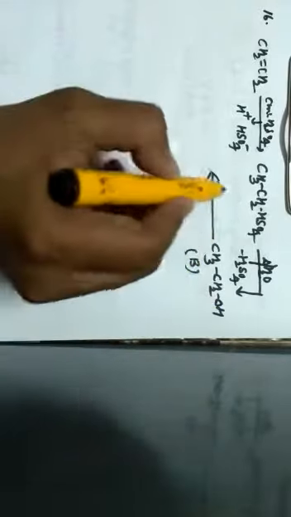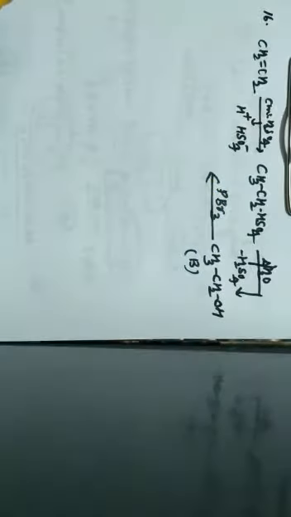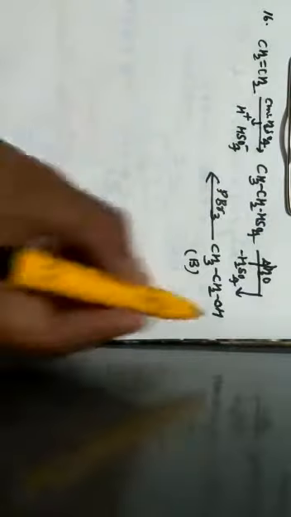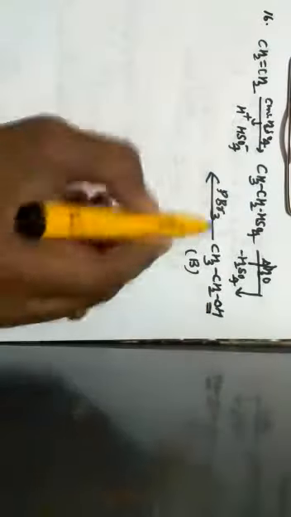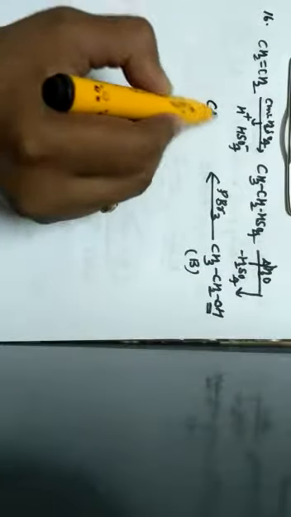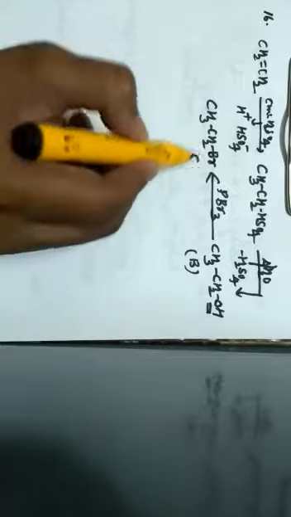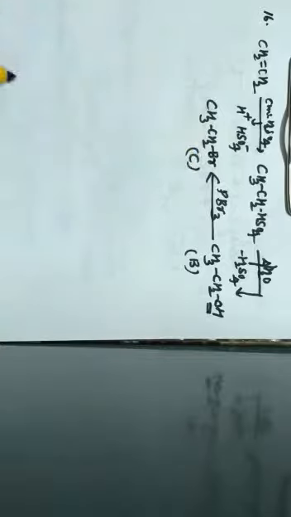When this B is reacted with PBr3, the OH gets eliminated and it is replaced by bromo, so that we get CH3CH2Br, which is nothing but C, that is ethyl bromide.